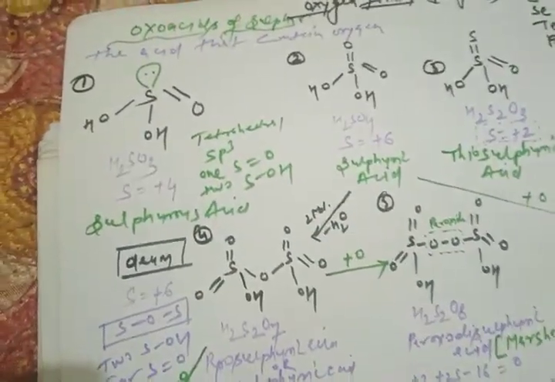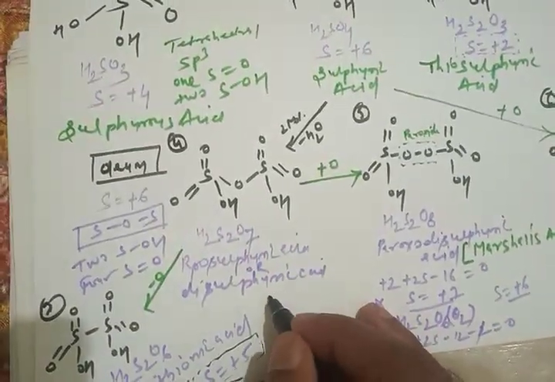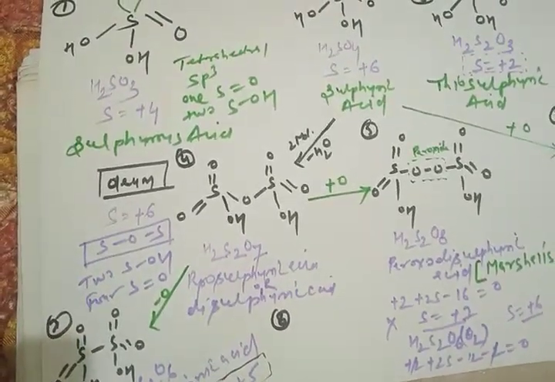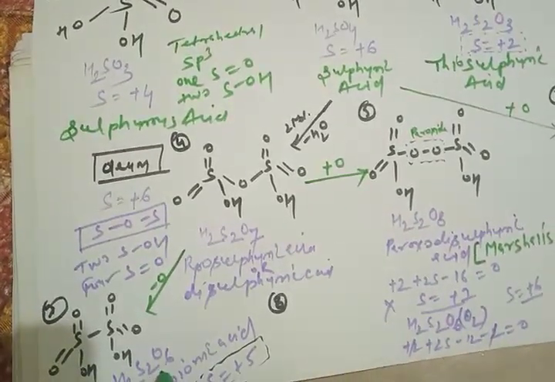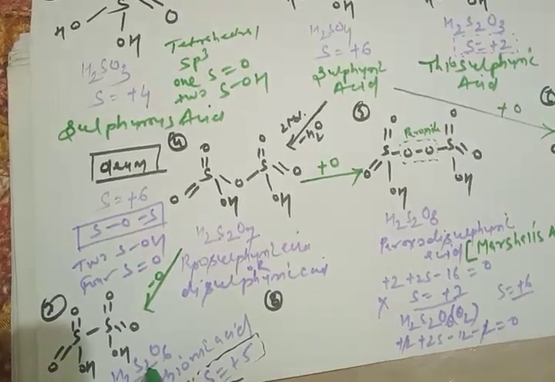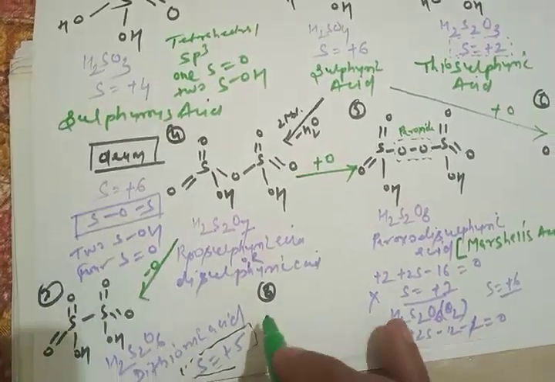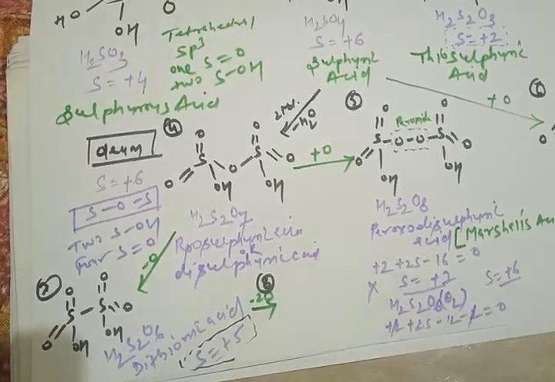What is the structure? This I need to draw on one paper, that is why I'm drawing here, because it will give you the whole idea. So this is H2S2O6, by the removal of 2 oxygen, this is minus 2O.